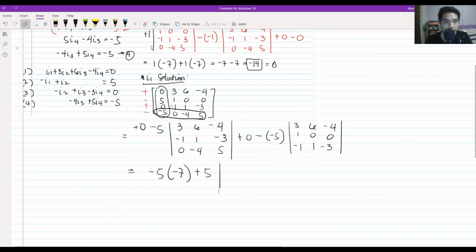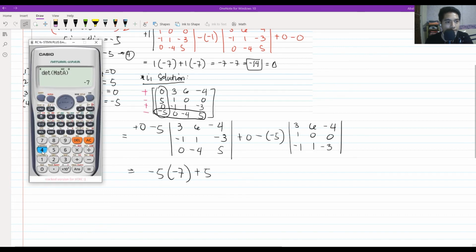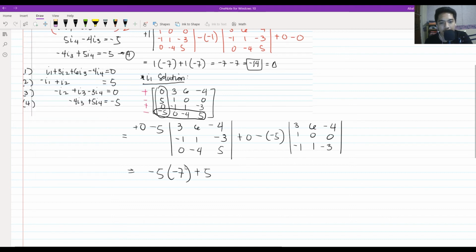And then the determinant of this, we shall compute again in our calculator. So we have the matrix dimension, matrix A, or you can choose matrix B: 3, 6, negative 4, 1, 0, 0, then negative 1, 1, negative 3. So AC, then shift matrix, determinant of matrix A, that is 14. This is now 14.